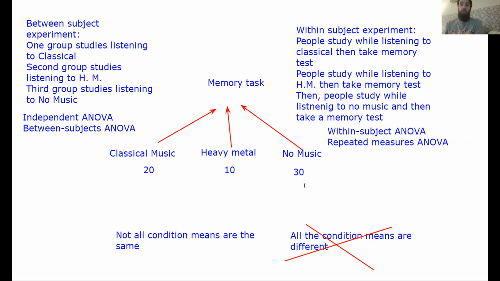Specifically, that you observed people's memory was greater when there was no music than when there was heavy metal music, because the no music condition is less distracting, possibly. And you observed that people remembered better when they were listening to classical music than heavy metal music, because the classical music is less intense.